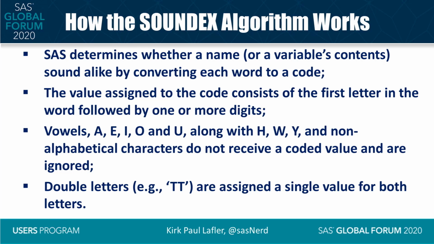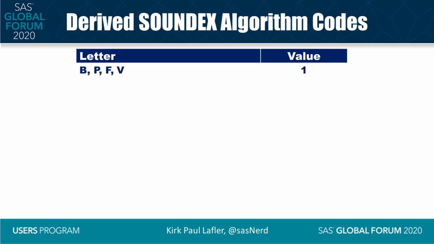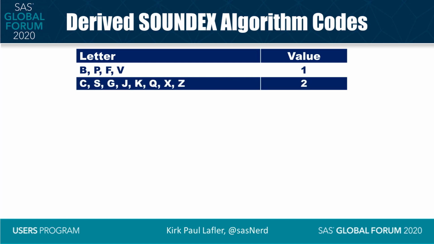For example, in deriving the SOUNDEX algorithm codes, letters B, P, F, and V receive a value of 1. The letters C, S, G, J, K, Q, X, and Z receive a value of 2.